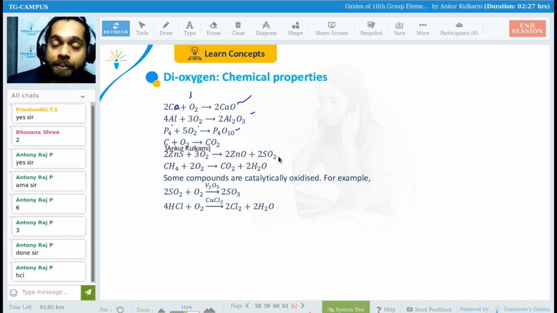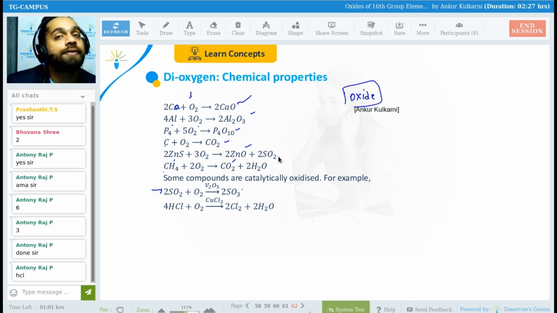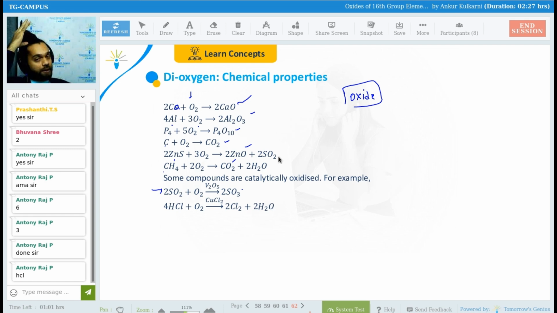Phosphorus with oxygen gives phosphorus oxide, carbon with oxygen gives carbon dioxide, zinc with oxygen gives zinc oxide. Sulfur oxidation gives sulfur dioxide, and further oxidation gives sulfur trioxide. Whenever you react oxygen with something, you get an oxide. If you follow that, you will get every reaction correct. Is it clear, everyone?